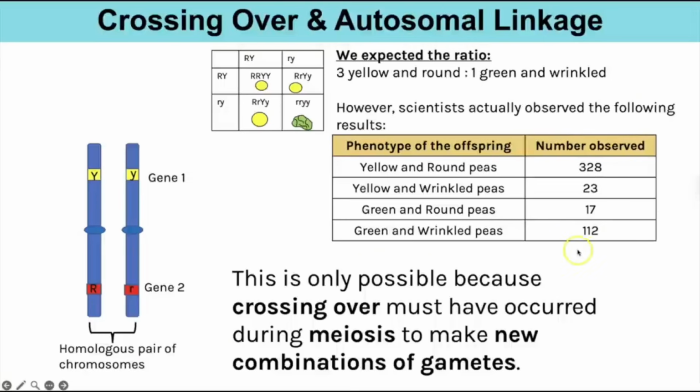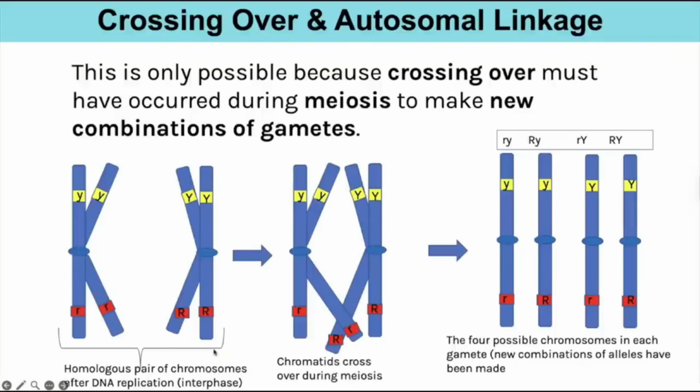And the only way this is possible is if there is autosomal linkage and crossing over in meiosis, because that crossing over in meiosis created new combinations of alleles in the gametes, and that's why it was possible to get these 2 extra phenotypes.